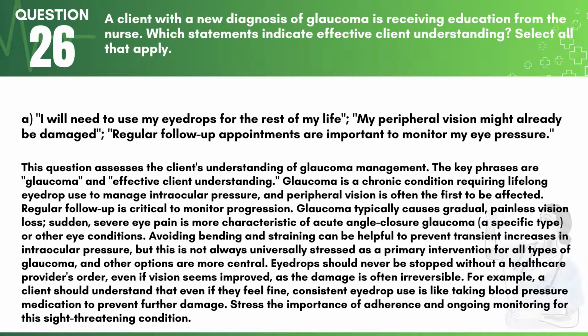Eye drops should never be stopped without a healthcare provider's order, even if vision seems improved, as the damage is often irreversible. For example, a client should understand that even if they feel fine, consistent eye drop use is like taking blood pressure medication to prevent further damage. Stress the importance of adherence and ongoing monitoring for this sight-threatening condition.